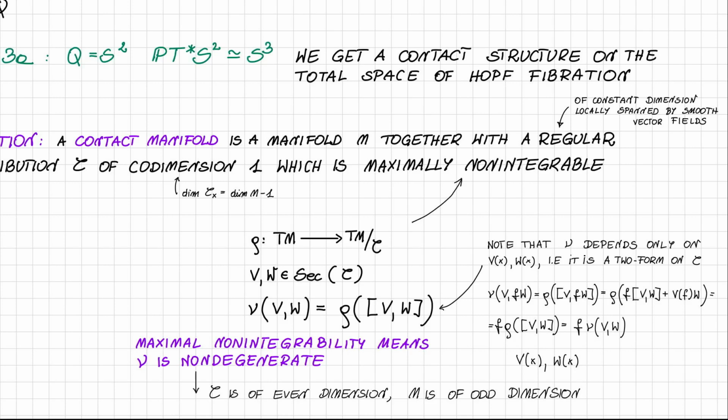So if the distribution is integrable, then this two form will be just zero, because when integrable, the bracket belongs to the distribution, and when I project, I get just zero. And the fact that it is non-degenerate is just on the other side of the spectrum, it is maximally non-degenerate.